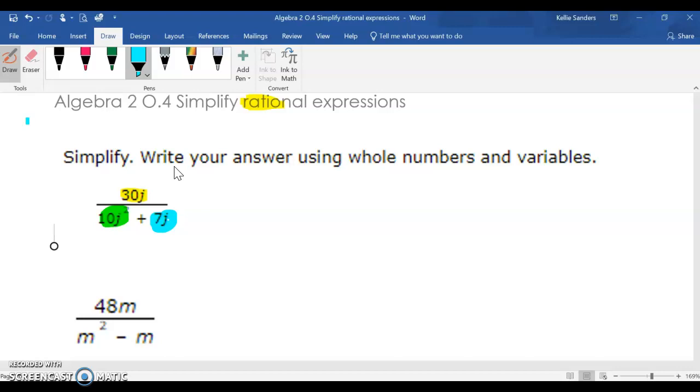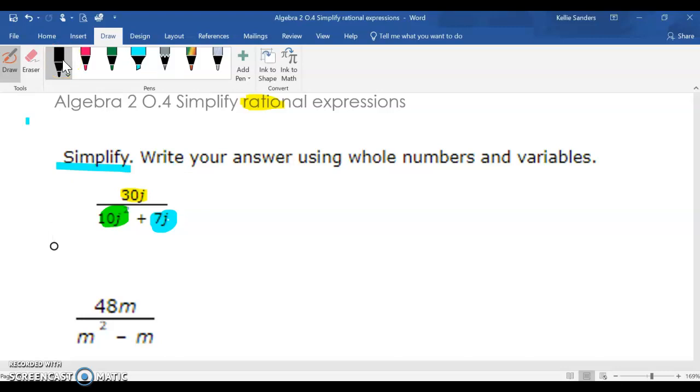And the answer would be yes. They all have j's in them. So what's the most amount of j's that all of them have together? Do all of them have at least one j? Yes. Do all of them have at least two j's? No. So whenever we're simplifying, we are reducing.